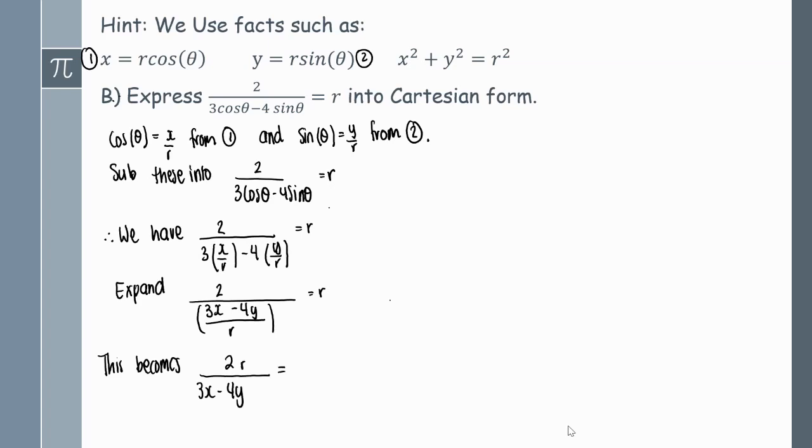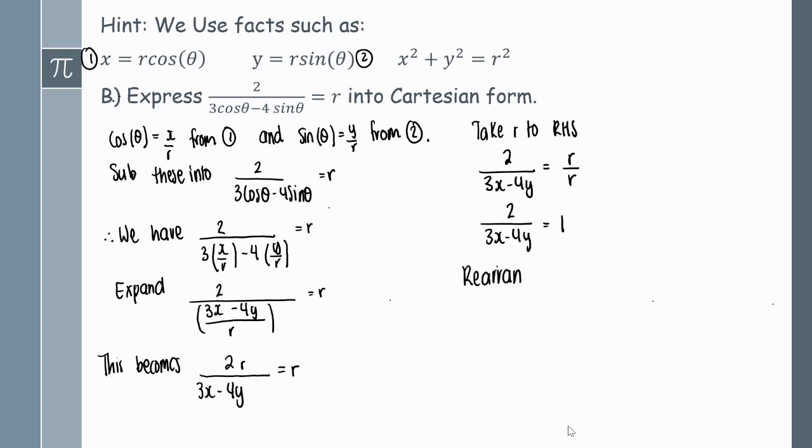And remember, the r on the very base of the denominator will flip up to the top. And then if we take the r to the right-hand side, we'll notice that they should cancel out. r divided by r is just 1. And this is nice because I have 2 over 3x minus 4y equals 1.